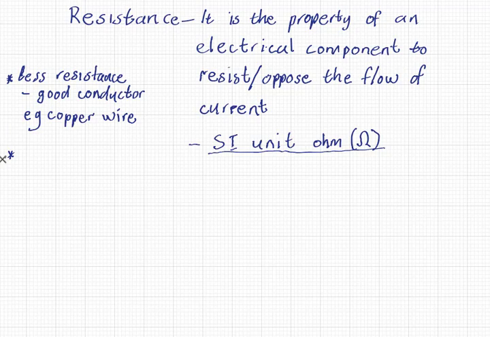Then we also have materials with very high resistance. These are called insulators or poor conductors. Poor conductors are known as insulators.